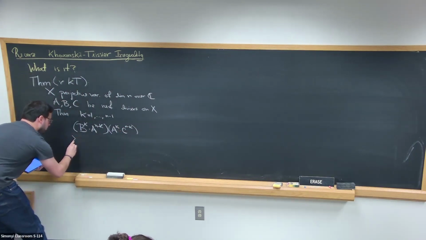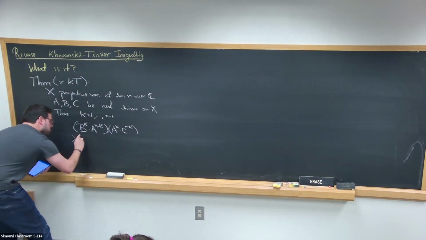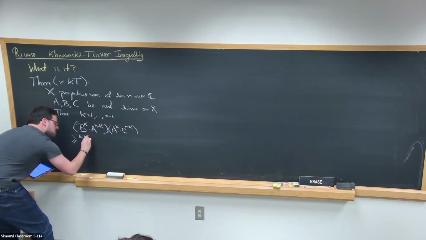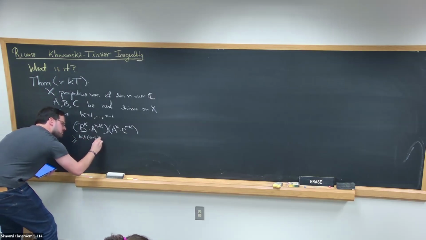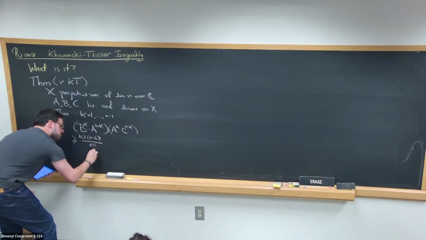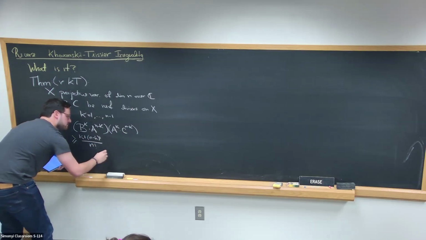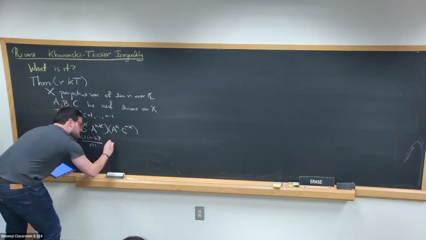This is going to be bounded below by k factorial times n minus k factorial divided by n factorial, so 1 over the binomial coefficient, times A to the n.